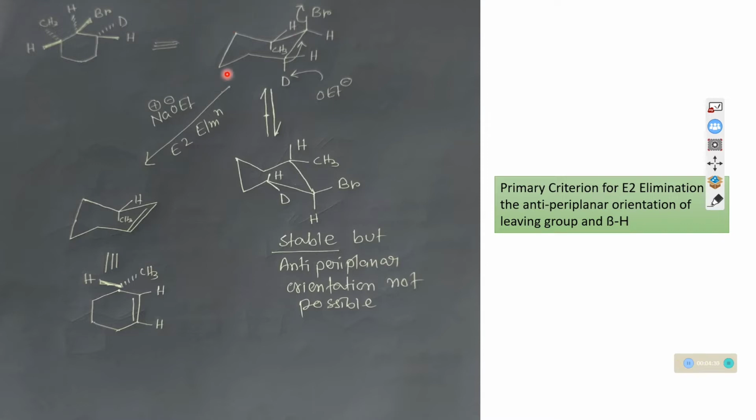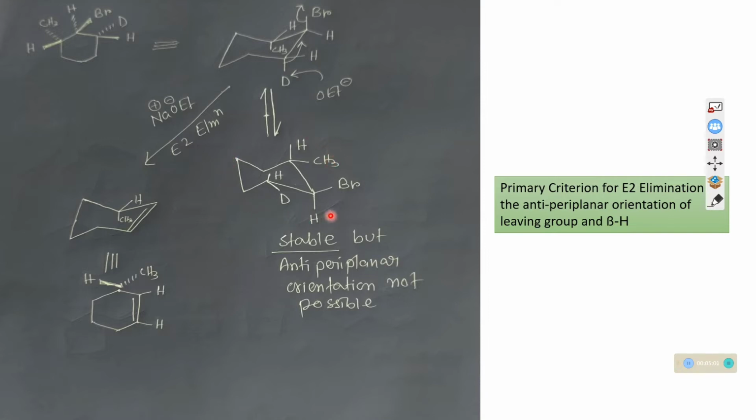In chair form, see, in this form, bromine and also that methyl group are in axial positions. If it flips, it transforms into another conformer where that bromine and CH3 group rest in equatorial positions.